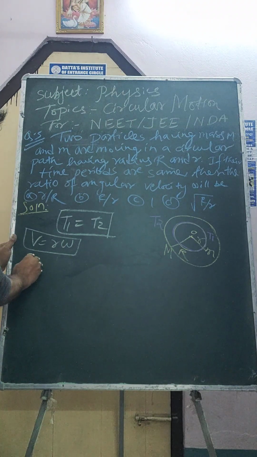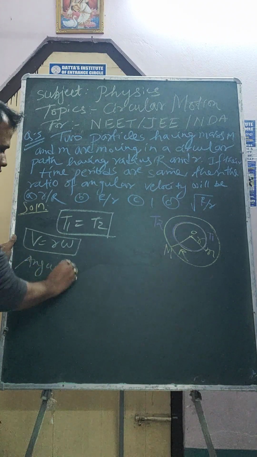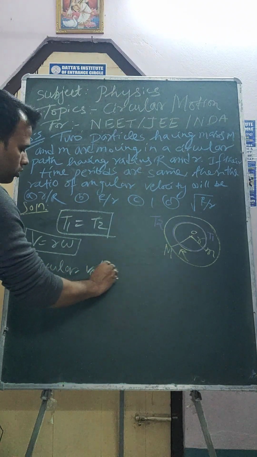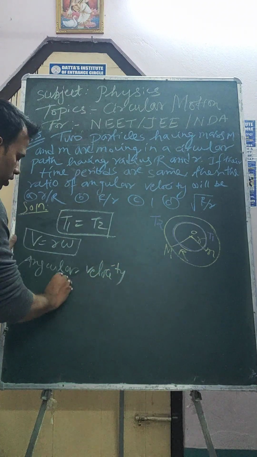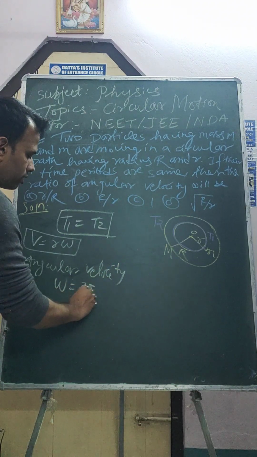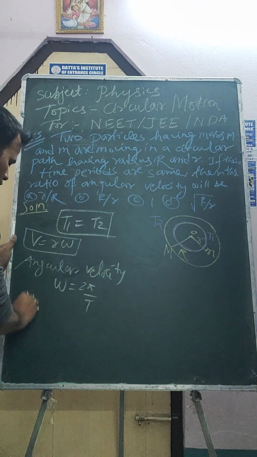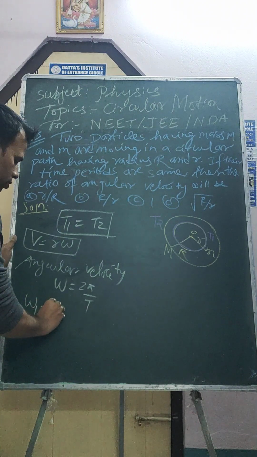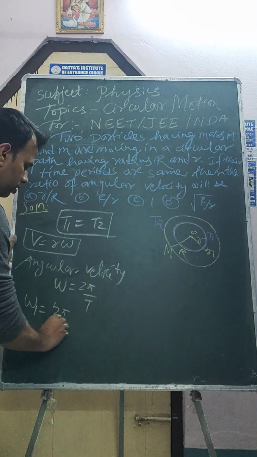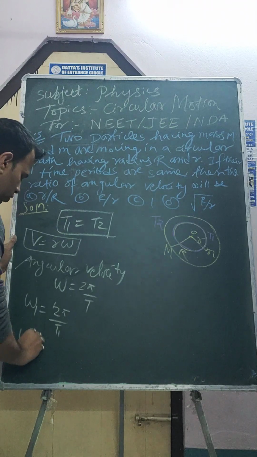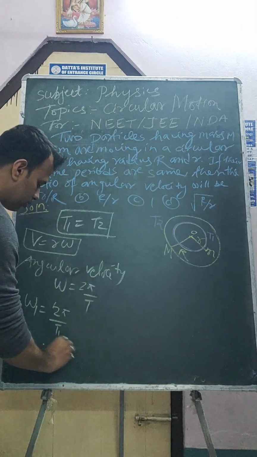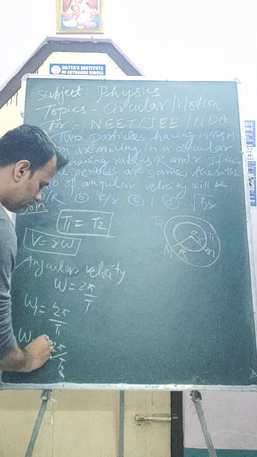So the angular velocity formula is omega equal to 2 pi by t. So for body 1 it will be omega 1 equal to 2 pi by t1, and for body 2 it will be 2 pi by t2.